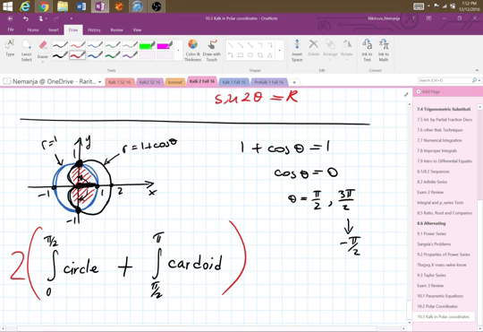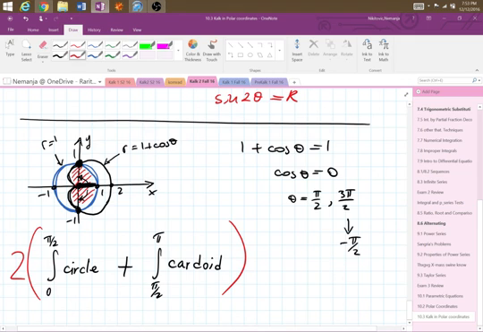Scarier problem. So this is different than the previous ones because you have to split into 2 integrals. The next one would be, what happens if I shade this piece? Minus the circle. Good.